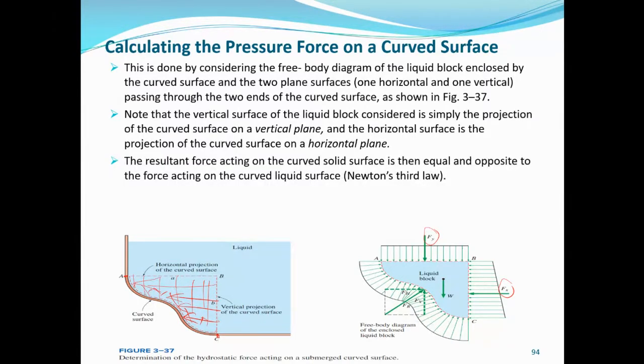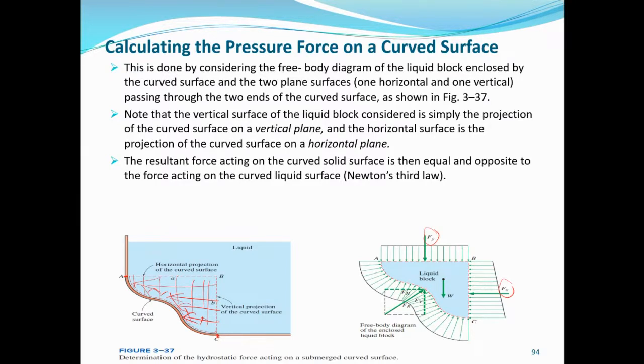So the resultant force acting on the curved solid surface is equal and opposite to the force acting on the curved liquid surface. You have Fx due to the hydrostatic pressure acting on the surface. It has to be resisted by the curved surface by an equal but opposite force, Fh. The same thing, this Fy has to be resisted by an equal but opposite force by the curved surface, according to Newton's third law of motion.